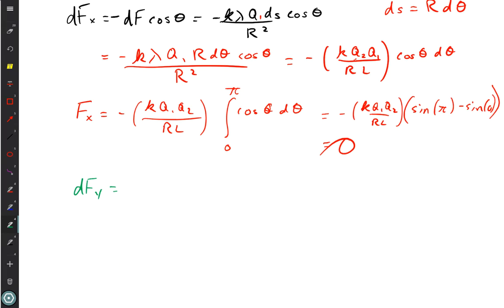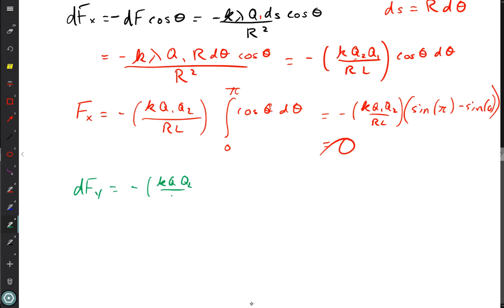So I can shortcut everything just based on the work above. It's going to be minus k q1 q2 over RL sine theta d theta.